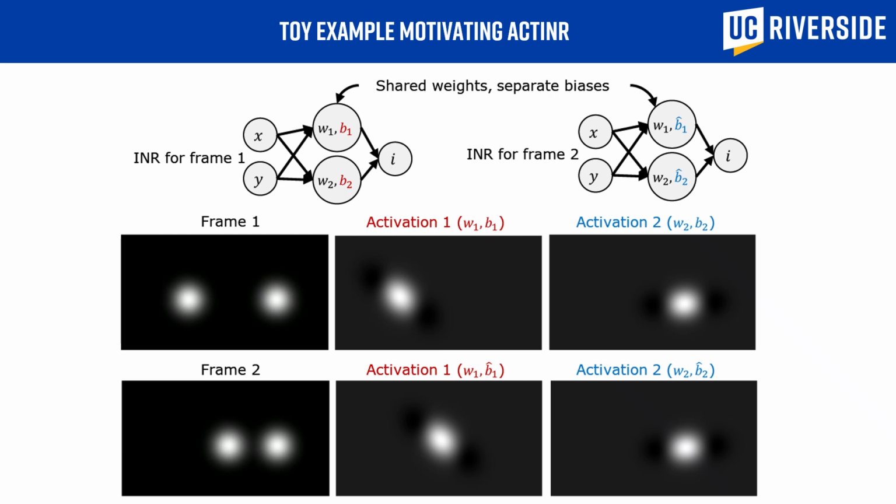As demonstrated in the second and third column of the visualization, the basis functions maintain consistent shapes while translating through separate biases to model local motion in the scene. To effectively capture local motion, we employ a nonlinear activation function with a compact support in our formulation.